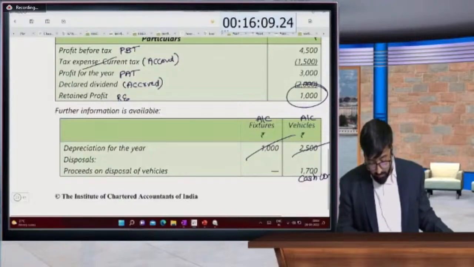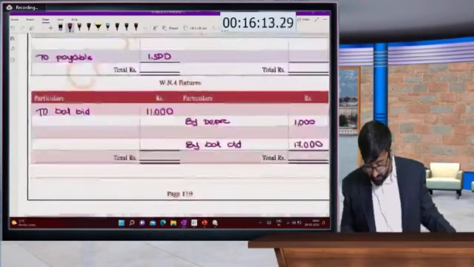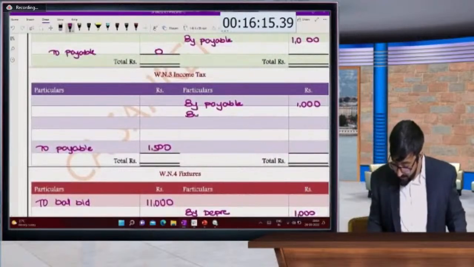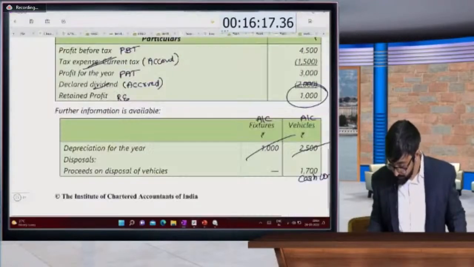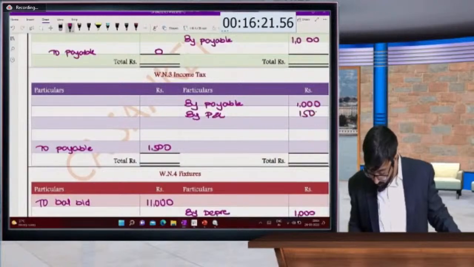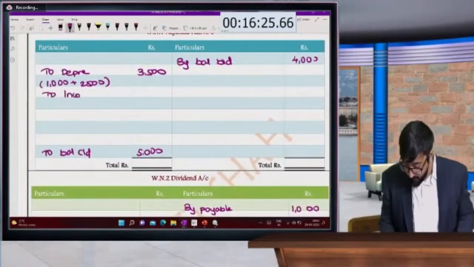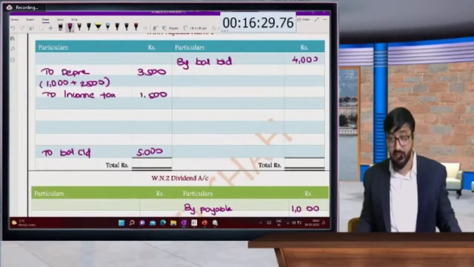Oh, I forgot this tax expense and dividend. Sorry. So tax expense by P&L 1,500 and adjusted P&L debit side to income tax as having a separate head, 1,500.